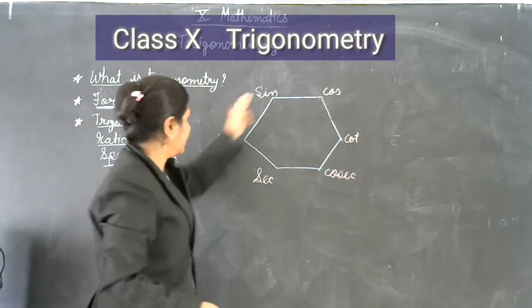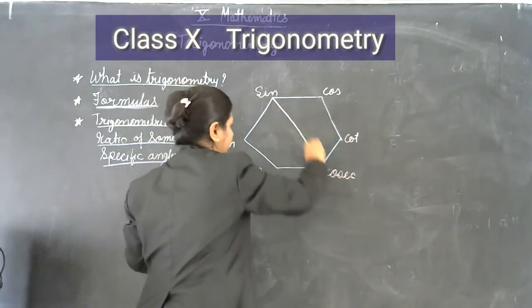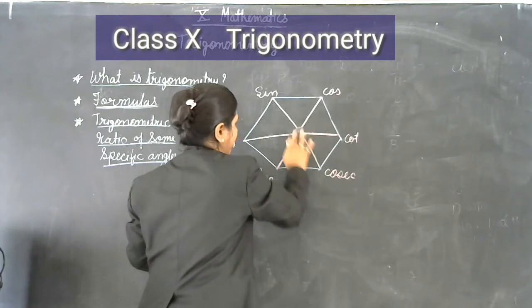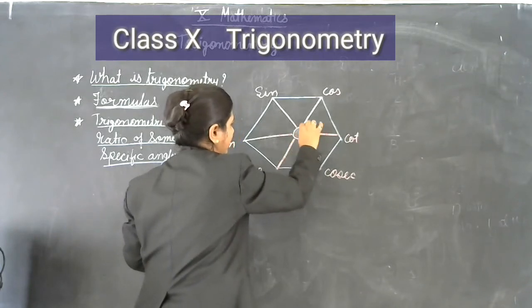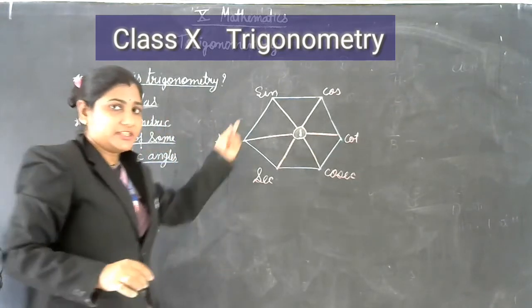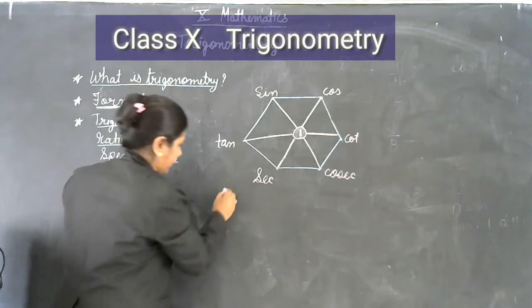And here tan, sin and sec. Join these diagonally, and write 1 in the middle of the hexagon. By using this hexagon we can write so many formulas.